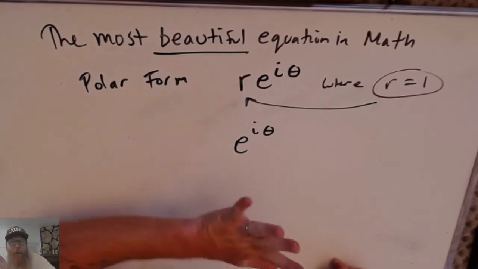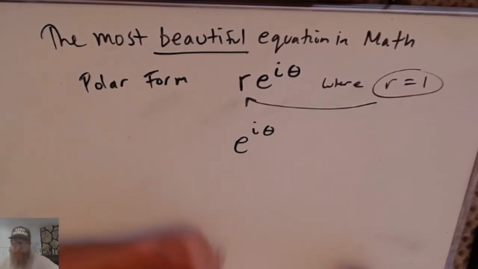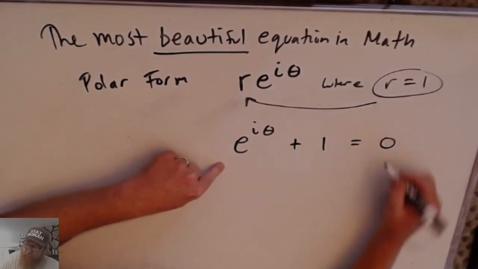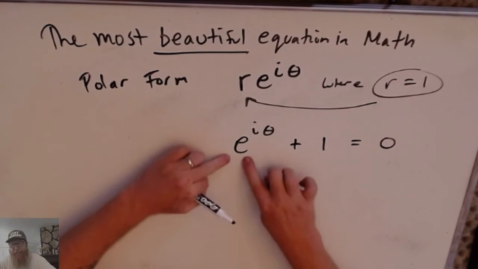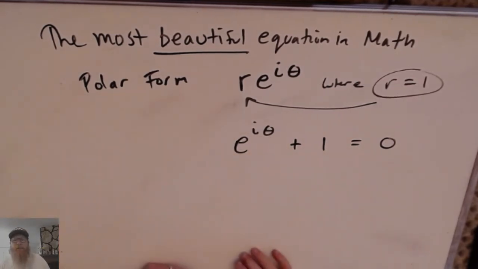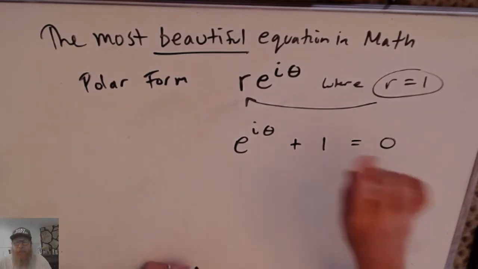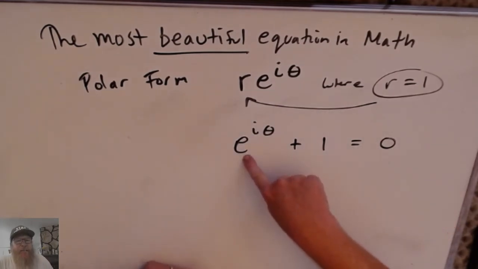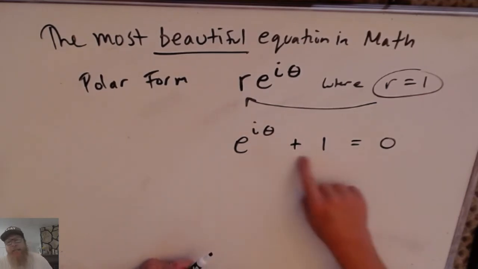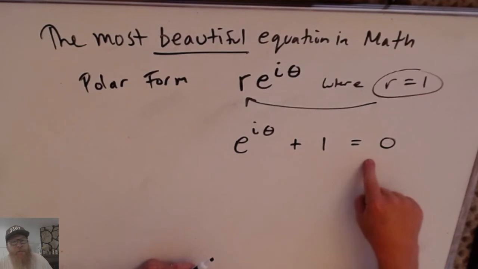Now we've got to make an equation out of this. So we'll just make a very simple equation. e^(i theta) plus 1 is equal to 0. So it uses e, the natural exponential. It uses i, the imaginary. It uses the classic symbols from basic arithmetic, 1 and 0.